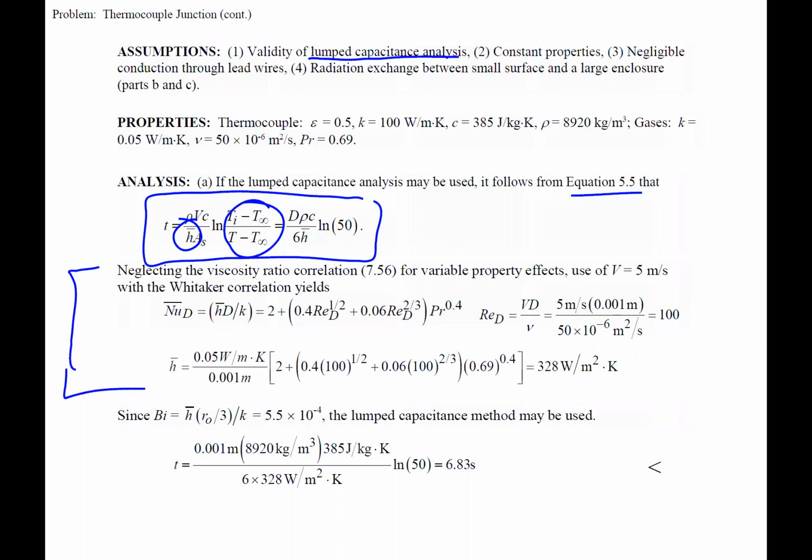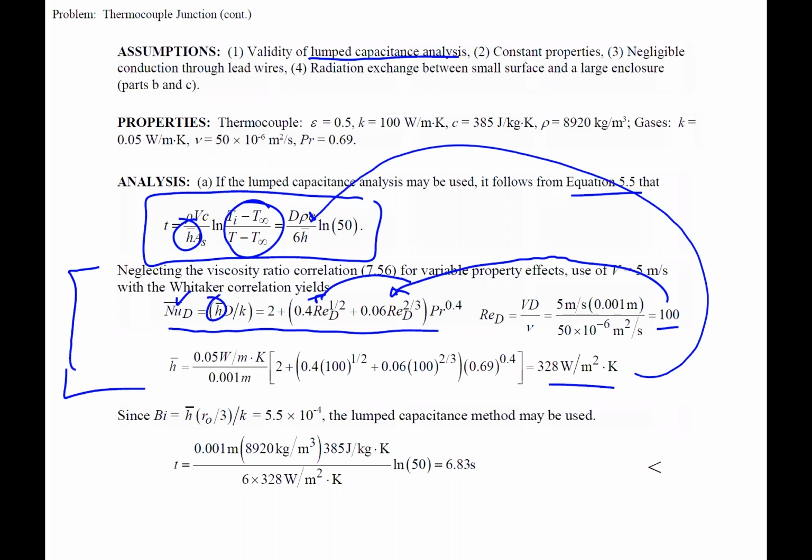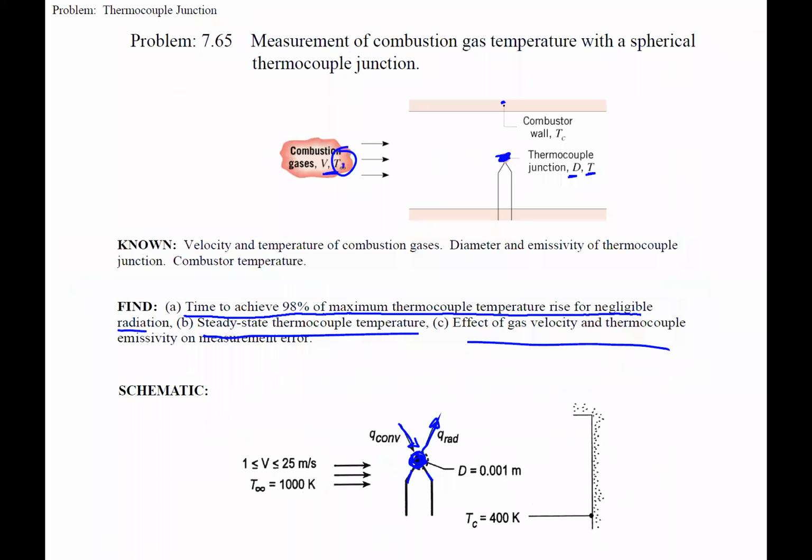So we're getting the Nusselt number for the sphere, from the Reynolds number, to put into that. Then if we solve for the Nusselt number, we can get our convection coefficient, and that's what you see here. We can plug that into our lumped capacitance analysis, and we see that it takes 6.83 seconds for changes in T infinity to be seen by the thermocouple.